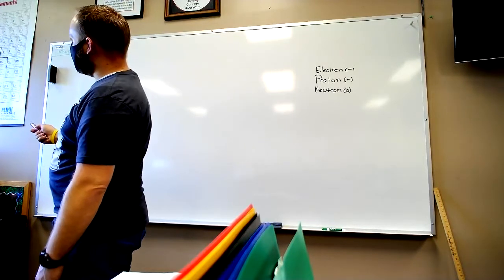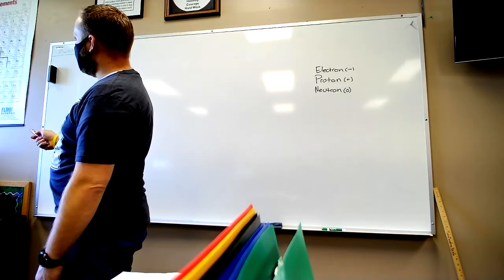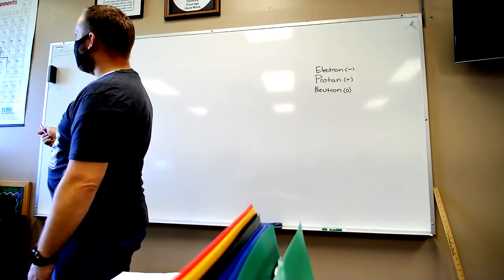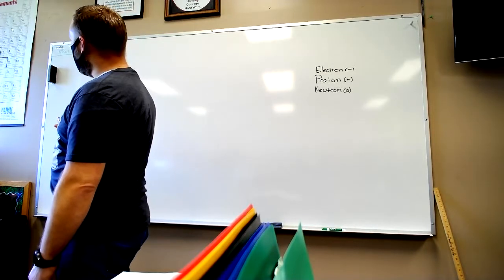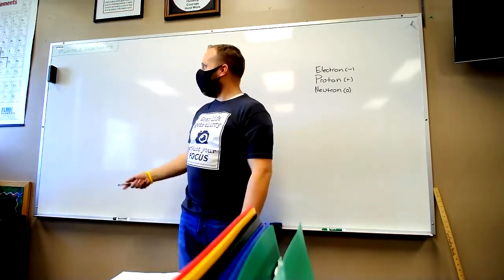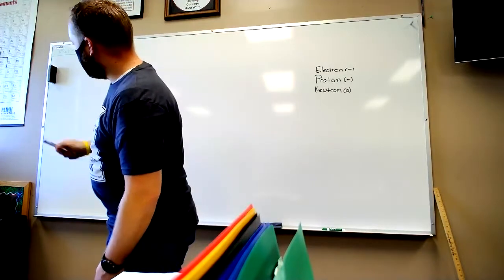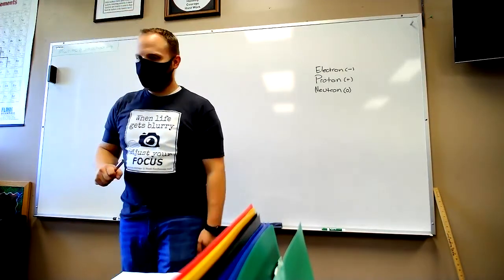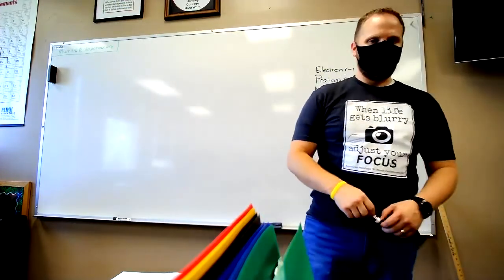Starting at 1 with hydrogen, helium is 2, lithium is 3, beryllium is 4, boron is 5, carbon is 6, nitrogen is 7, oxygen is 8, fluorine is 9, neon is 10. And it goes and goes and goes all the way to oganesson, which is 118. That is called the atomic number.